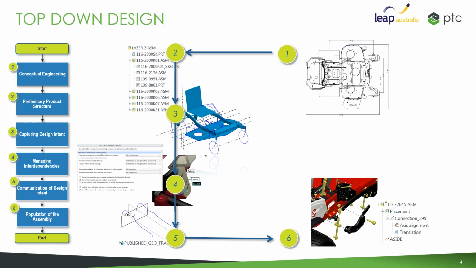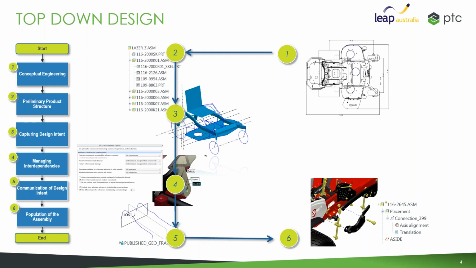The third stage is capturing the design intent. Creo uses its unique tool, the skeleton model, which we will discuss in more detail in a couple of minutes. The fourth stage is managing the interdependency relationships between various design objects. We can take full advantage of Creo's parametric and associative functions to properly and efficiently communicate the design intent downwards.